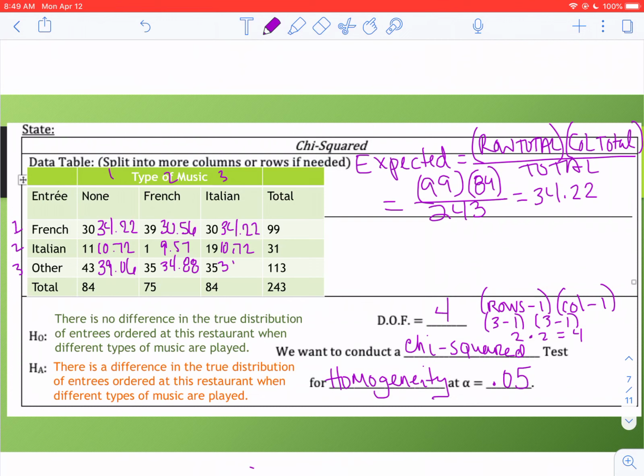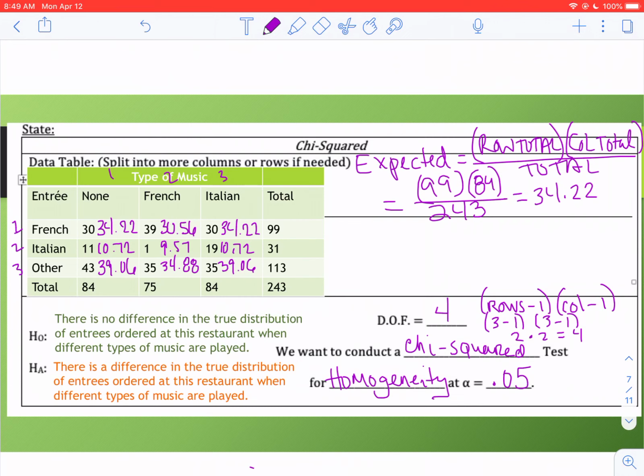Now, as you're getting these in here, you can already kind of see which components might be larger because the observed and the expected are more off of each other. So just kind of analyze that before you even do your full statistical analysis.